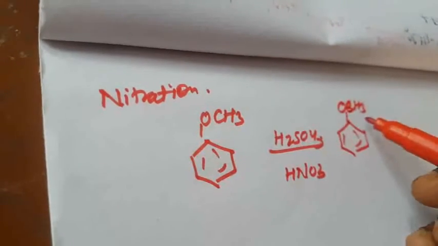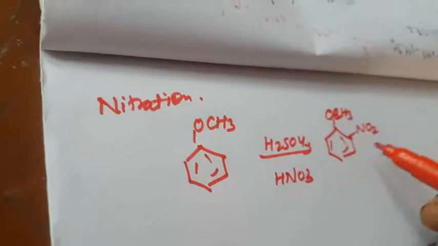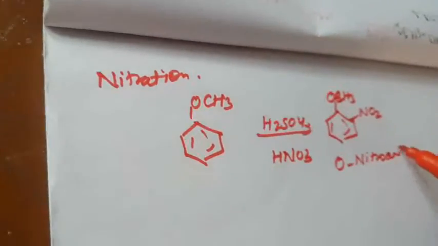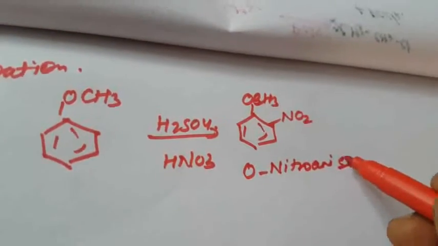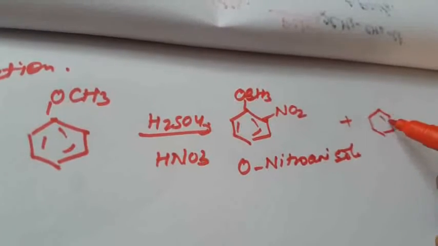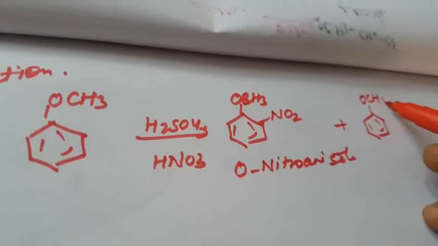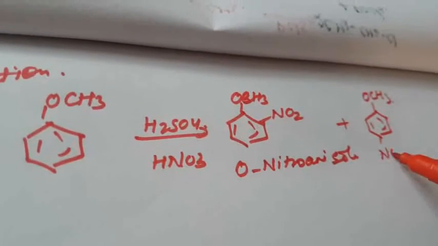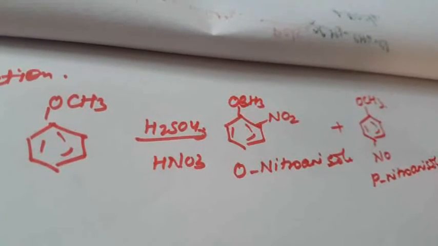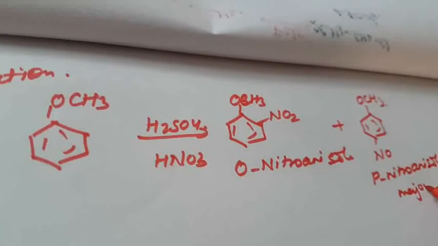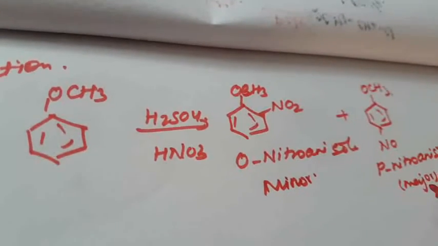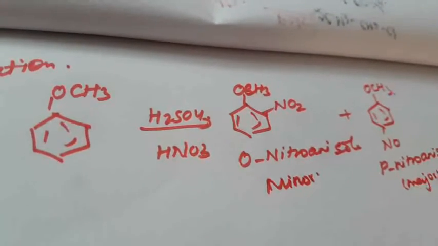OCH3 with NO2 is ortho nitro anisole. Then again the para benzene ring gives para nitro anisole. This is the major product, and that is the minor product. The quantity will be higher in the major product.